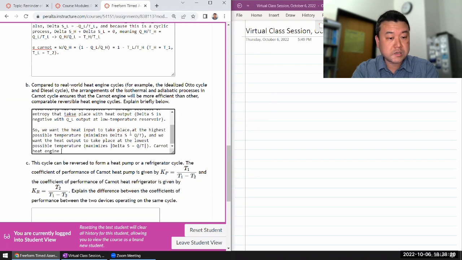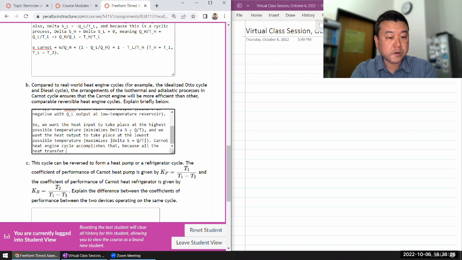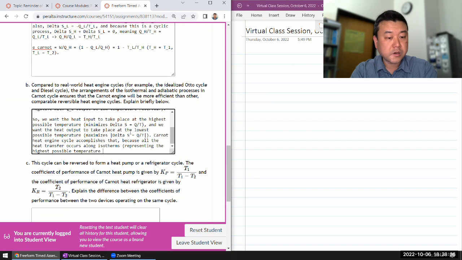The Carnot heat engine cycle accomplishes that because all the heat transfer occurs along isotherms, representing the highest possible temperature and the lowest possible temperature.